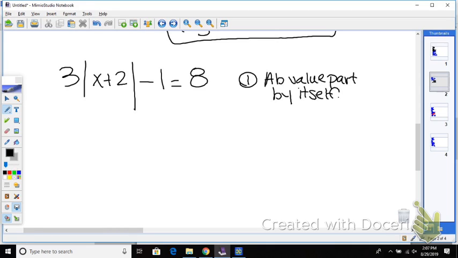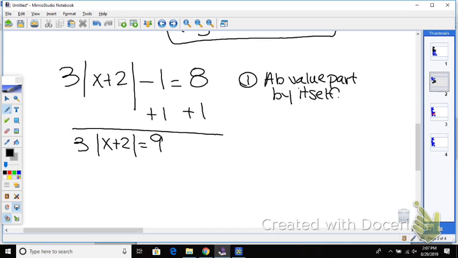So what do I need to move to get the absolute value part by itself? The 1. We'd move the 1 first. So now I have 3 times the absolute value of x plus 2 equals 9. Then divide the 3 out. Divide by 3. So now I've got x plus 2, the absolute value of that is equal to 3.